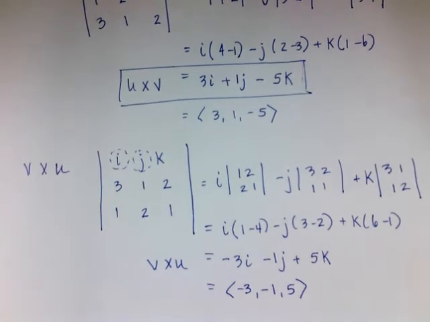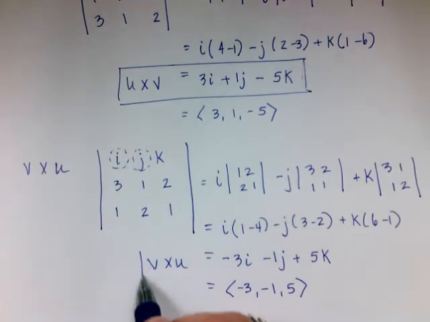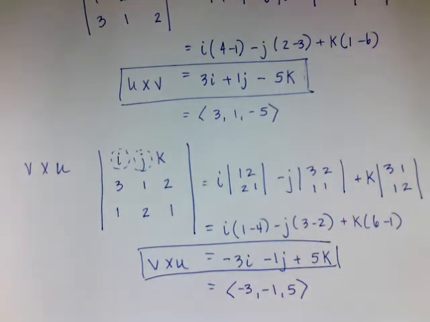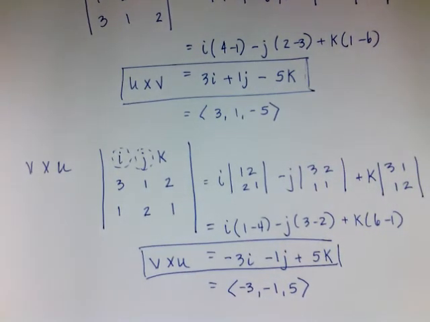If you'll notice, this is kind of cool. This cross product is identically opposite that cross product. So U cross V is the same thing as the negative of V cross U. A handy dandy little property to throw in there.